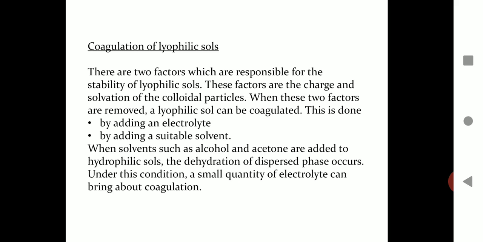That is, the colloid gets dehydrated. Dehydration of the dispersed phase particles will take place in presence of these two solvents. And when they get dehydrated, then they will lose the protective sheath, the protective layer of the solvent around themselves. And under these conditions, even if a small amount of electrolyte is added, then that will cause coagulation of a lyophilic sol as well.